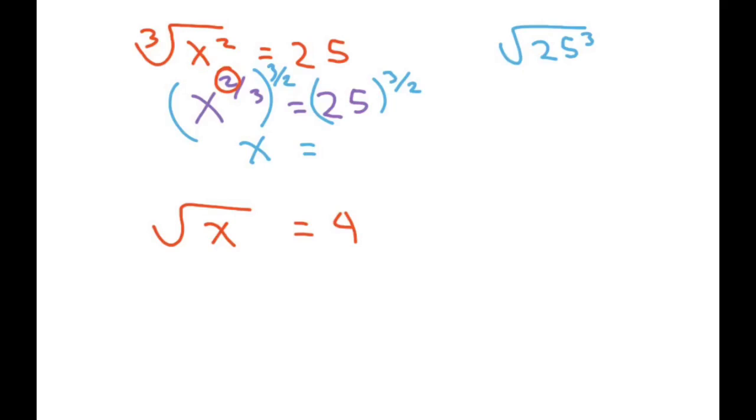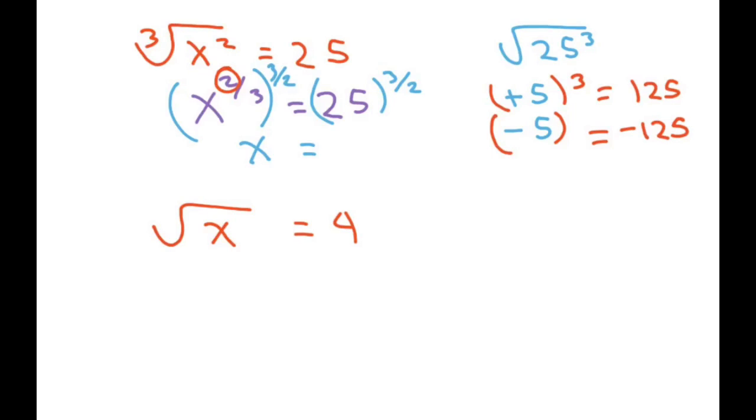If you take the square root of 25, you get plus 5. You also get negative 5. Then we want to cube both of these. If you cube both of these, this would be 125, and this would be negative 125. All right.